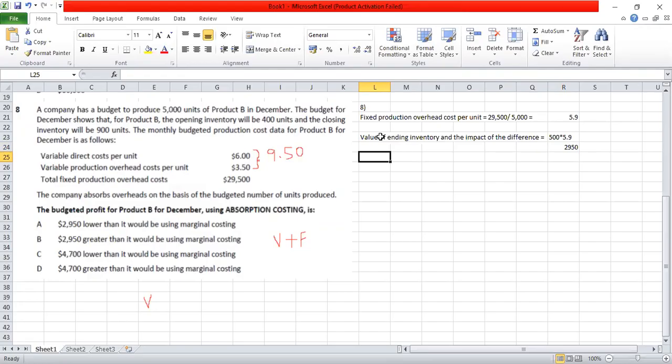So which one will have more profit, which one will have less profit? That is what has to be looked into.